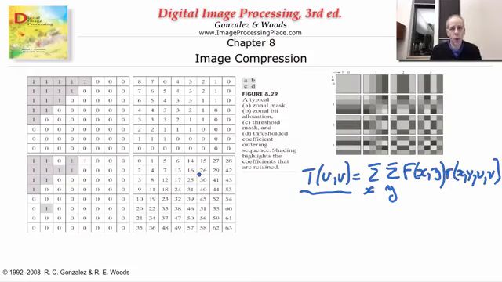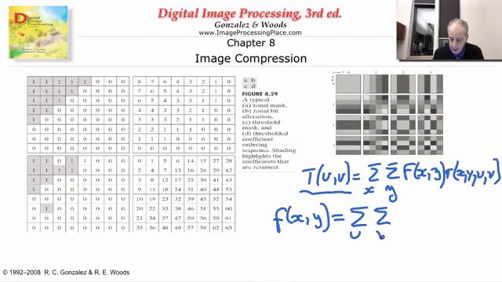Now, what happens when we do quantization? Remember that f is going to be reconstructed, as we saw in the previous video, as the sum of t, the transform coefficients, times the basis. And remember that the forward and inverse were basically the same. So this is how we are going to reconstruct our image. Now, if we quantize t, we're not going to reconstruct f because we're going to have an approximation of t, and then we're going to reconstruct an approximation of f.